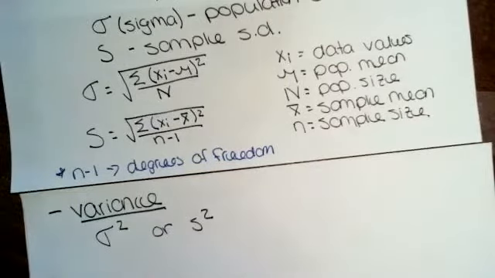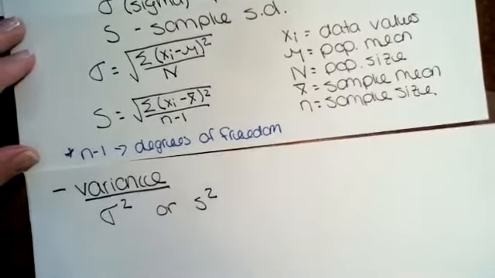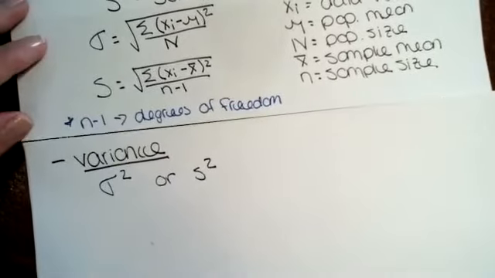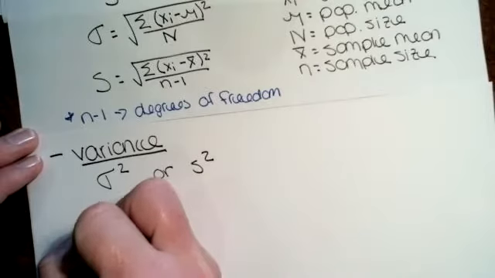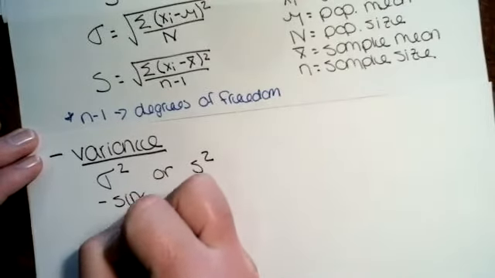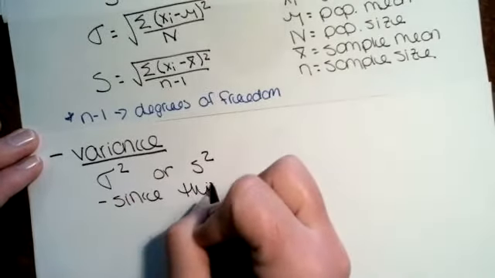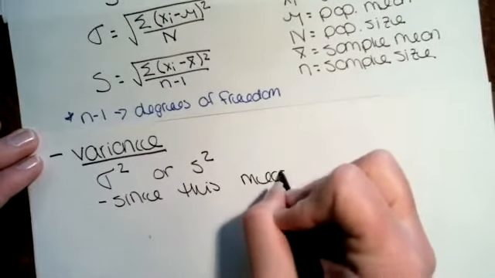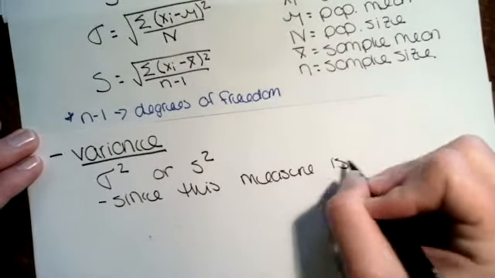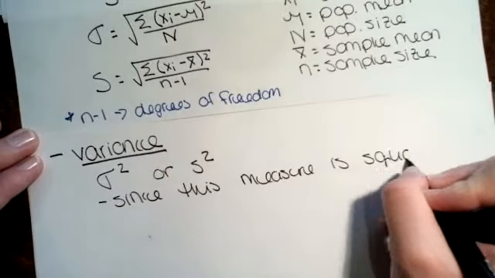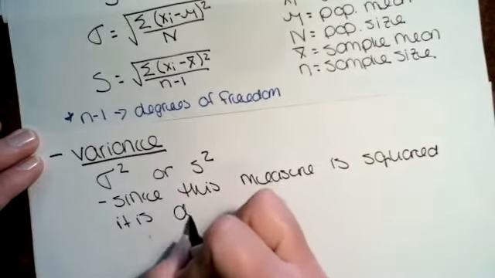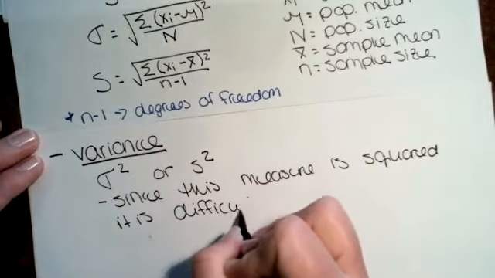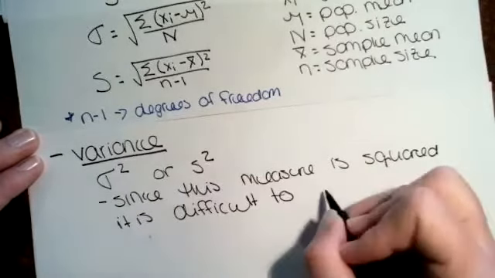So in our class, we don't really use it that often, but I still like to show it because it does come up. It won't really come up much in our class. You may see it on your homework a little bit, but I just like to mention it. So I'm just gonna write this down. So since this measure is squared, it is difficult to interpret.